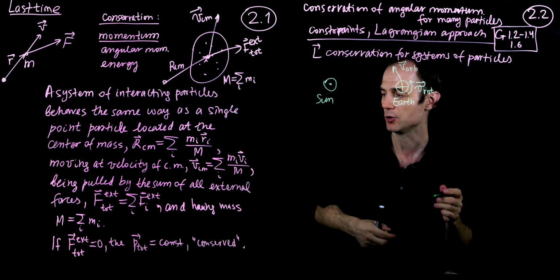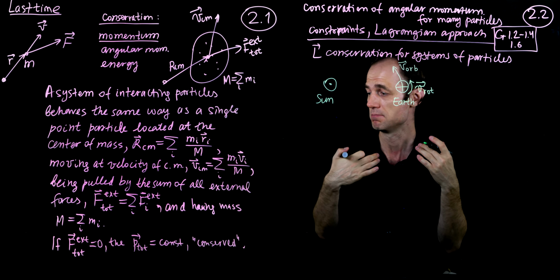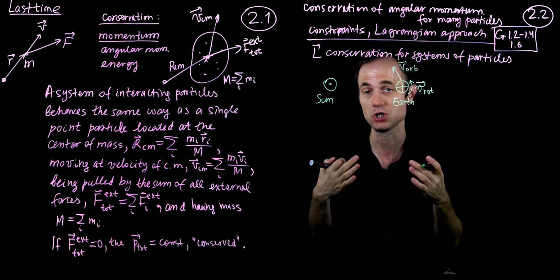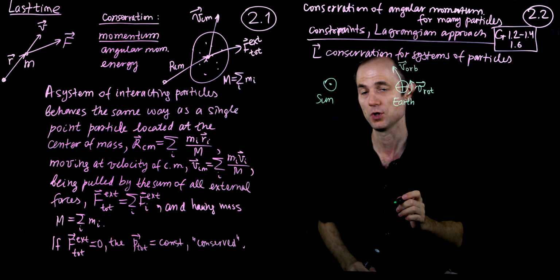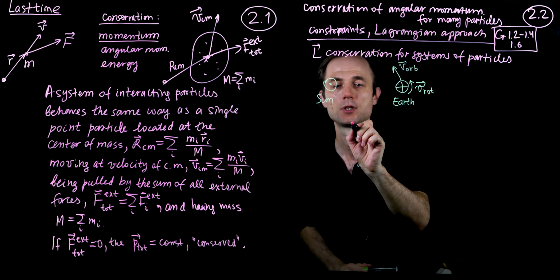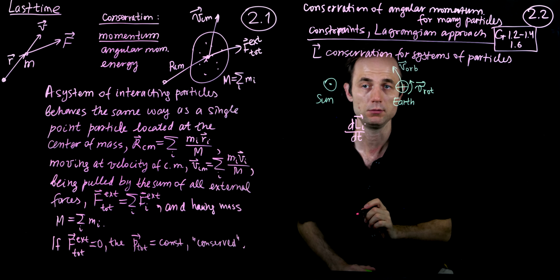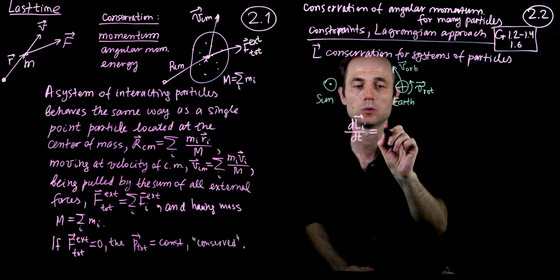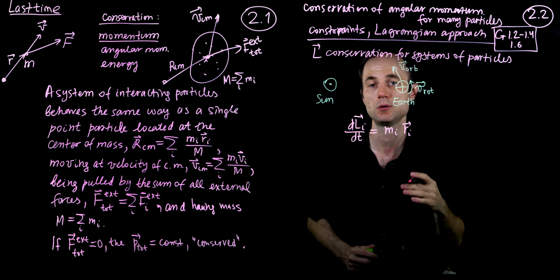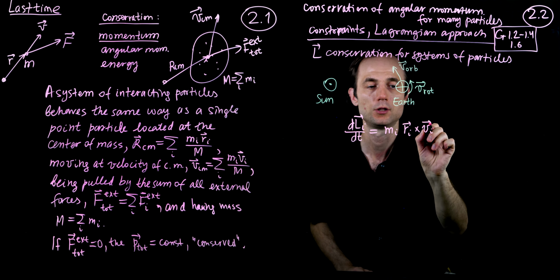Let's take a look at how it works. So let's write down the equations of motion for the change of angular momentum with time. So for a single particle, that would be dL_i/dt, and L_i is equal to the mass of the particle times the position of the particle cross the velocity of the particle.